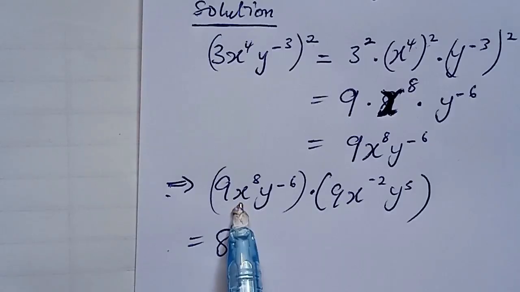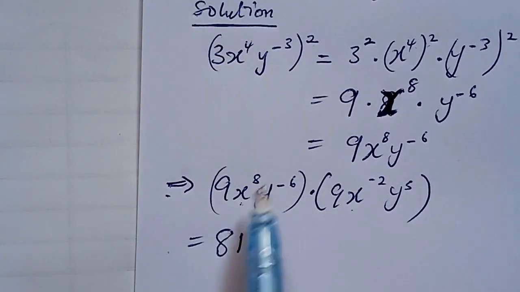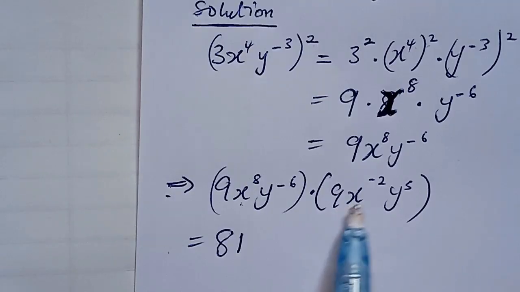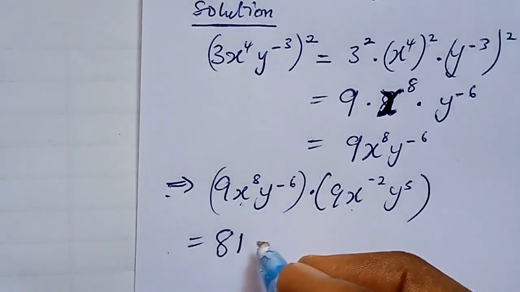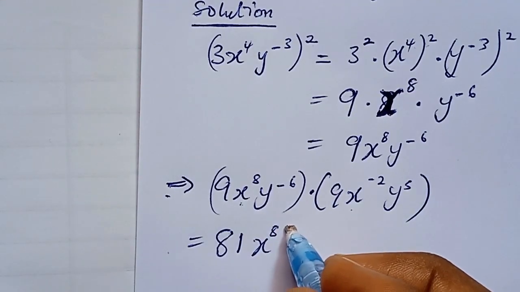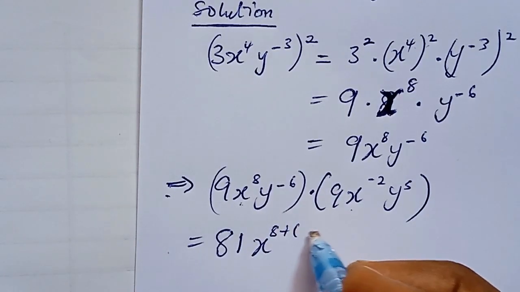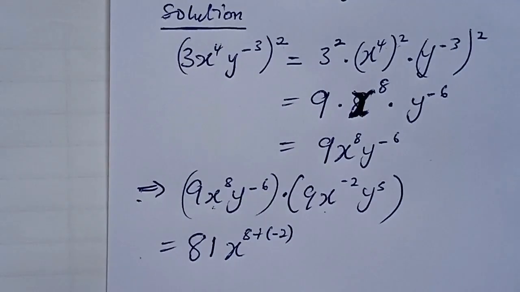Then same base, x^8 multiplied by x^-2, will give us x^(8 plus minus 2), if we apply the rule of indices.